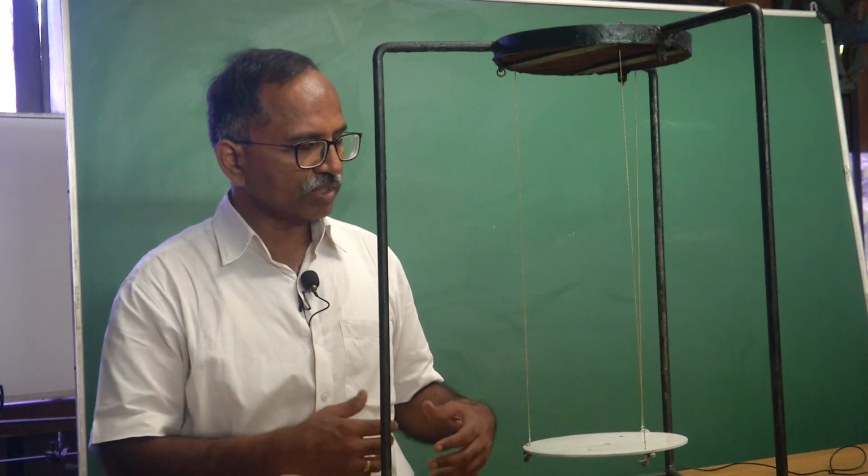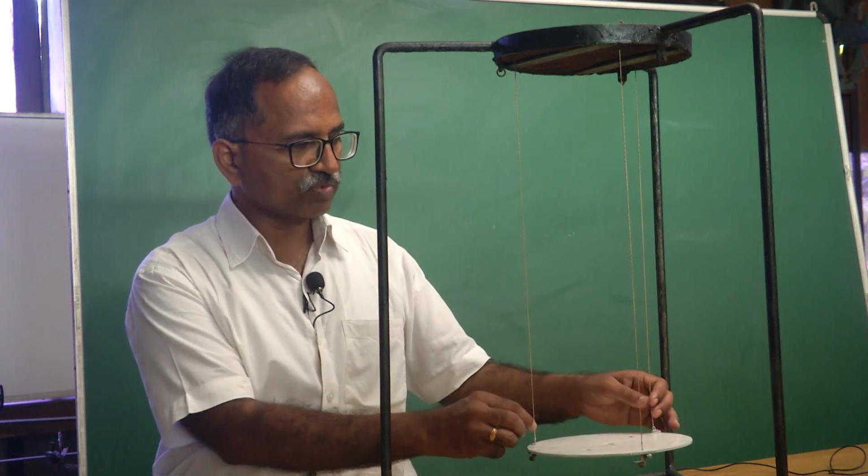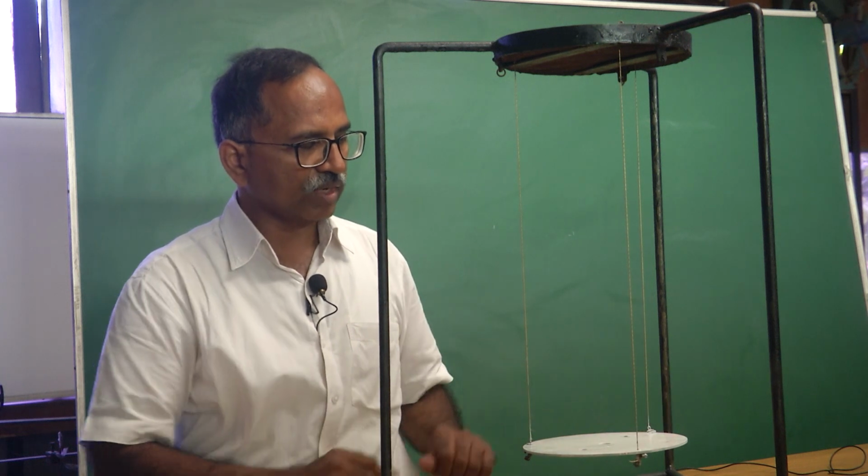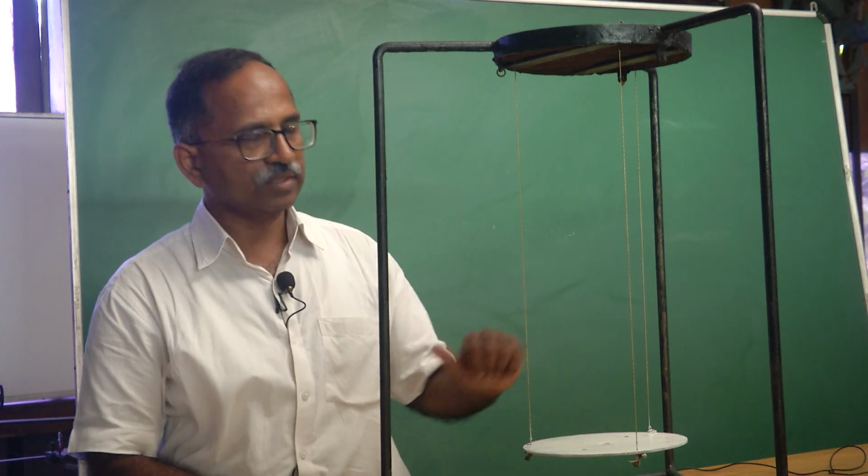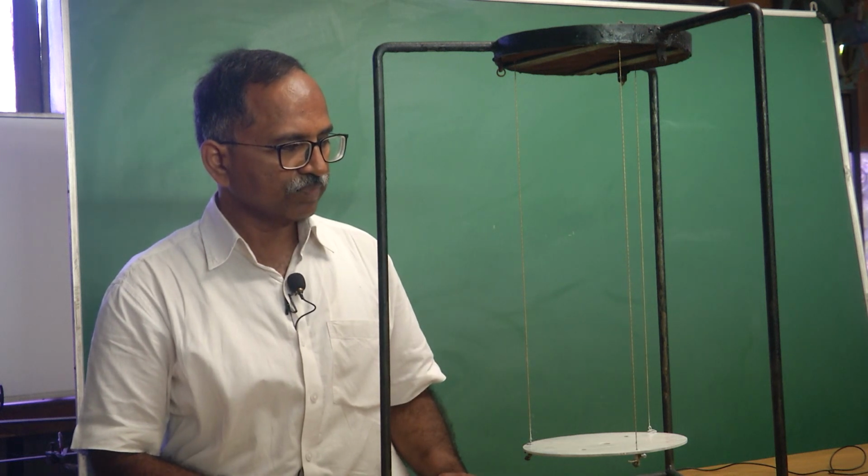Now, where is the potential energy in the plate? When it was at its mean equilibrium position, this is the height at which the plate is located.